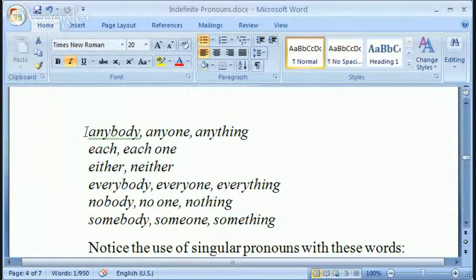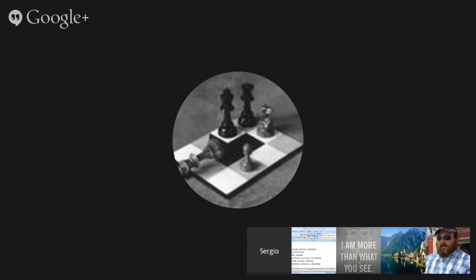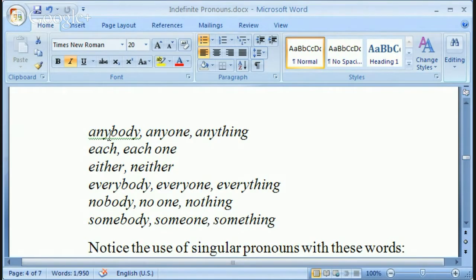Anybody, okay. By the way, reminder, one of the main problems second language users have using these indefinite pronouns is they are unsure of which are actually singular and which are actually plural. It can be confusing with all these body, everybody, anybody, everyone.